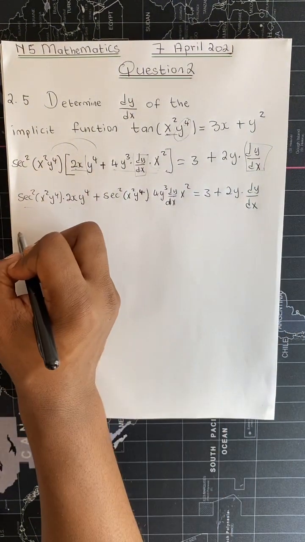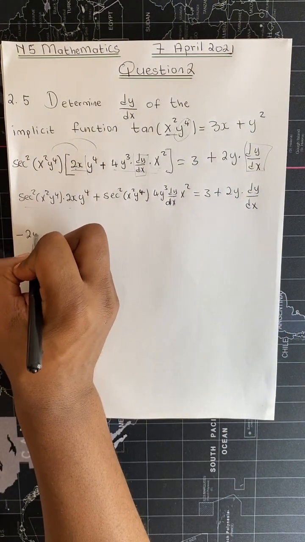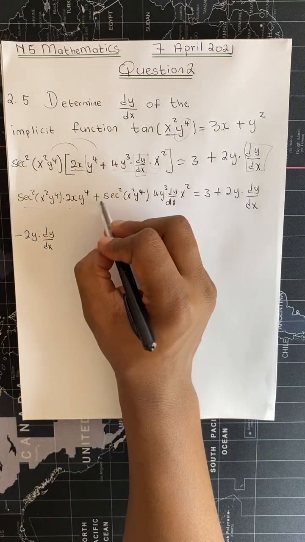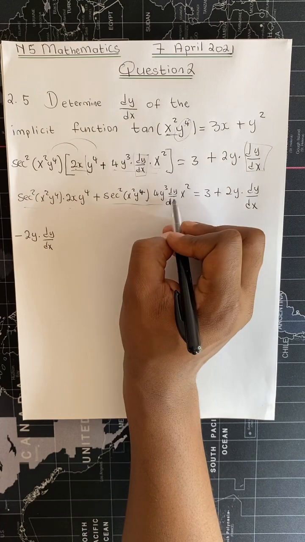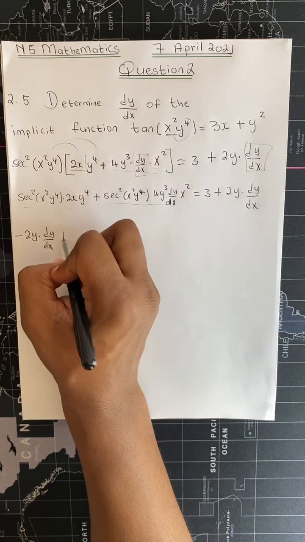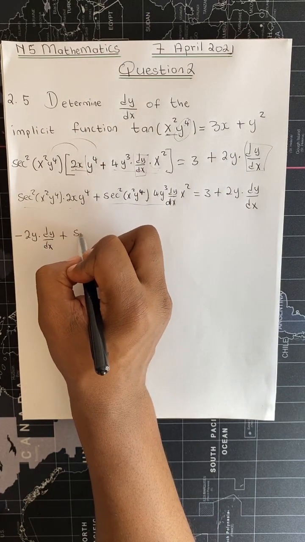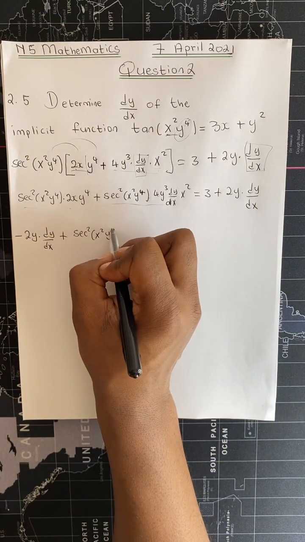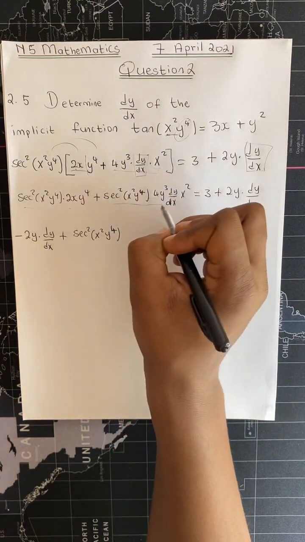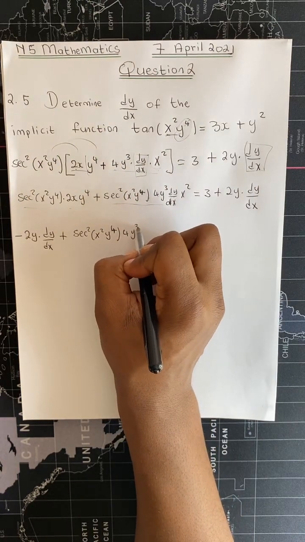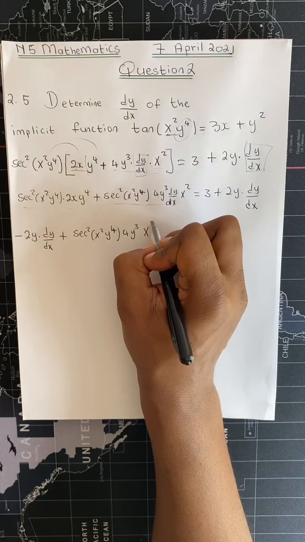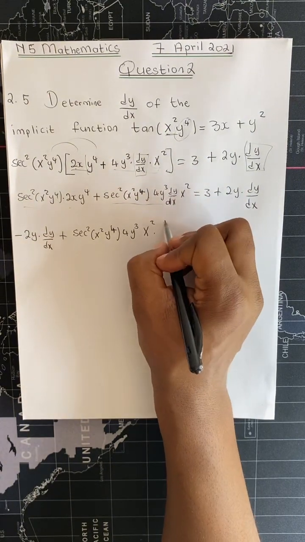It's going to change sign from positive to negative, 2y dy over dx, and this remains because it has dy over dx. So instead of writing the dy over dx here, let's write the x squared, and let's write the dy over dx later.